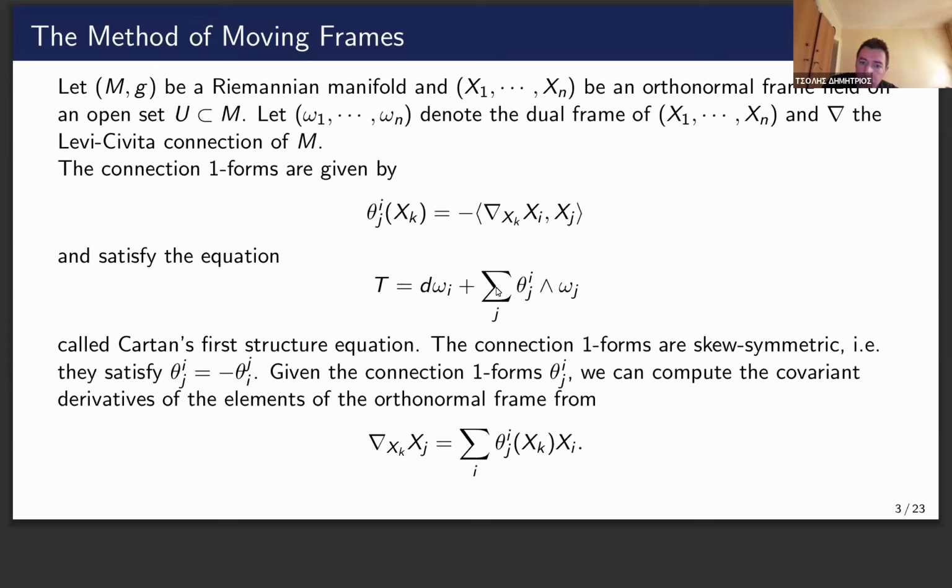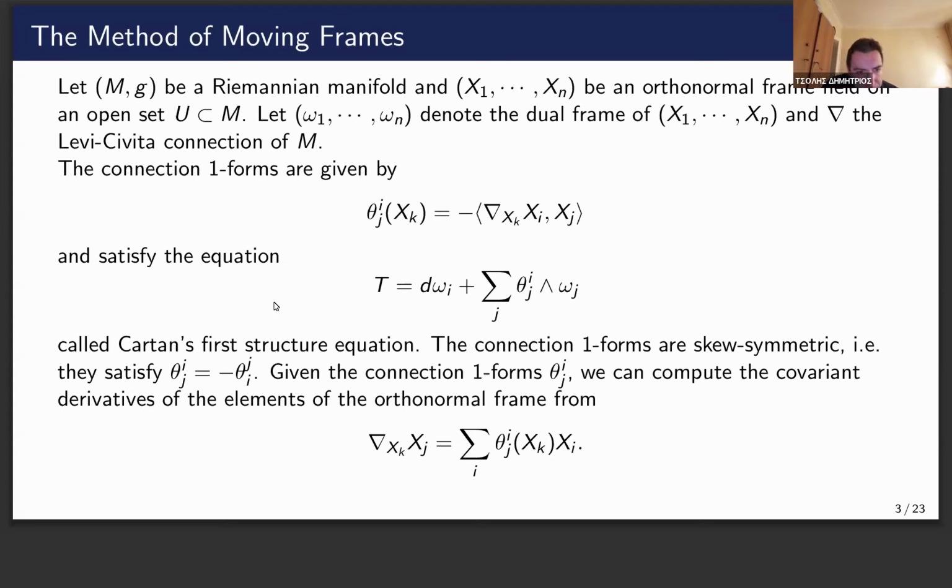You see here is just the connection form, and omega j are just this dual frame here. Now we are in Riemannian geometry, and we know that the torsion vanishes with the Levi-Civita connection. So this thing is zero. So the equation kind of simplifies here.